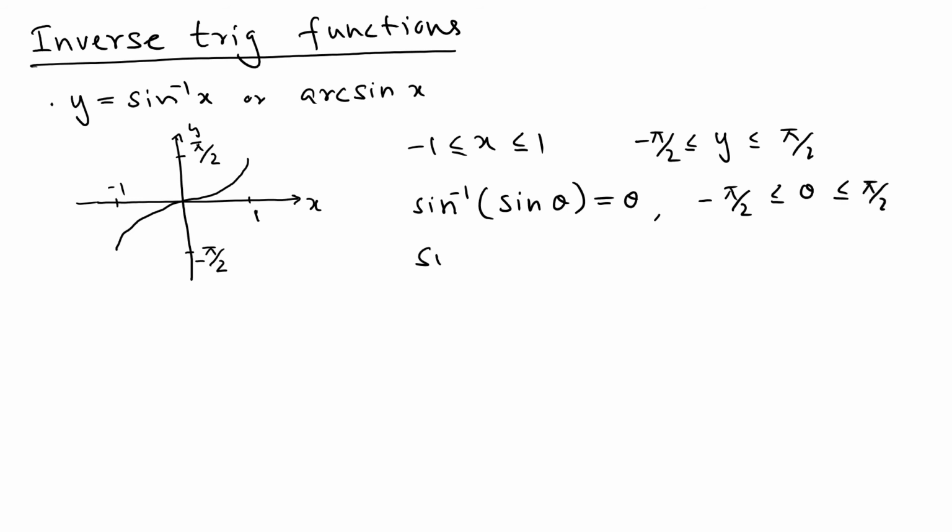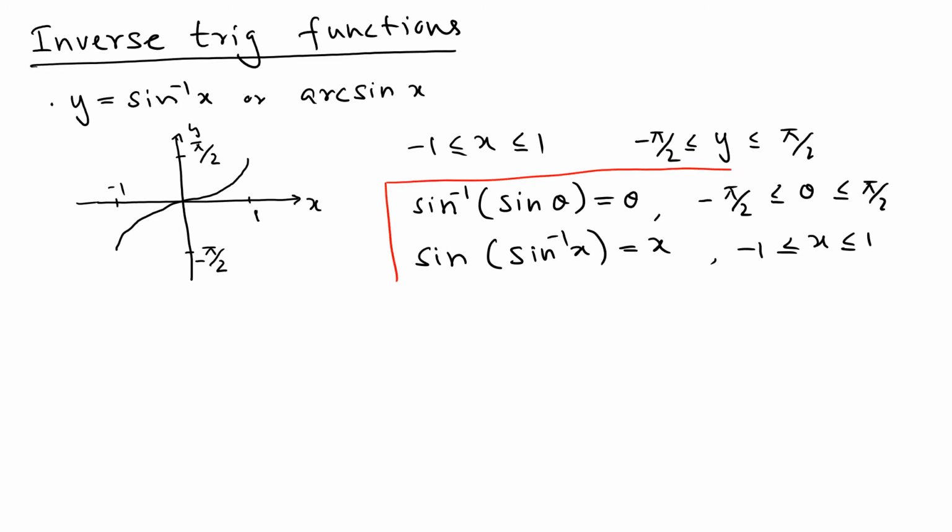And then sine of sine inverse x cancels out and gives x if x is between -1 and 1. Those are the two cancellation properties. For the first cancellation, theta has to be between negative pi over 2 and pi over 2.